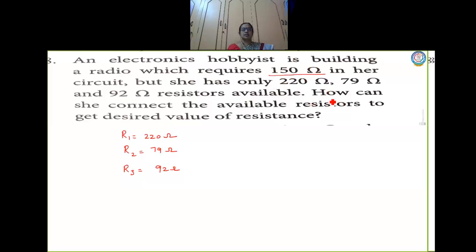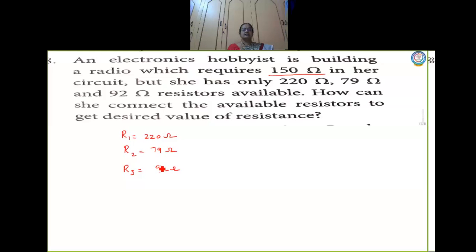Look at the question: how can she connect the available resistors to get the desired value of resistance? So what you have to do is see, now you know the formulas for resistors connected in series and parallel. For parallel connection, 1 by Rp is equal to 1 by R1 plus 1 by R2 plus 1 by R3. For series, you have Rs equal to R1 plus R2 plus R3.